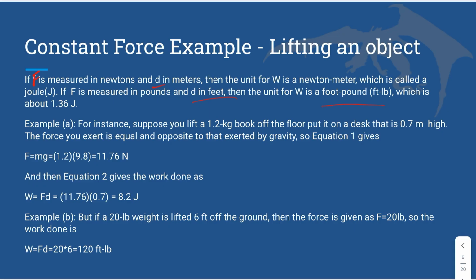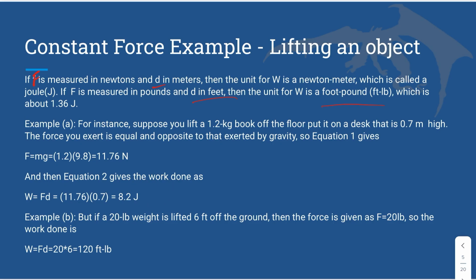So instead of negative 9.8, we have positive 9.8. We have 1.2 times 9.8 equals 11.76 newtons. And we can plug that into our formula for work. So we have 11.76 times 0.7, and that gives us 8.2 joules of work, or energy.